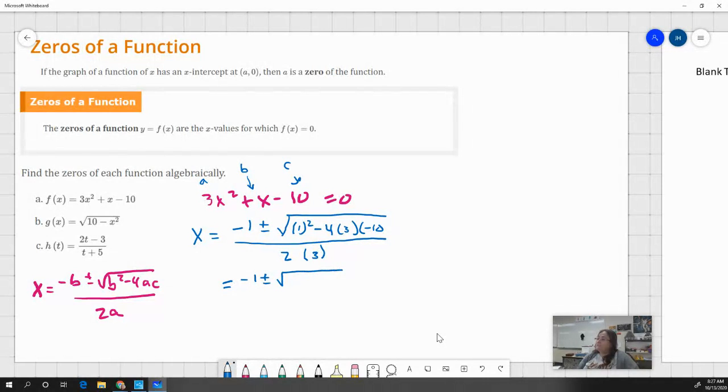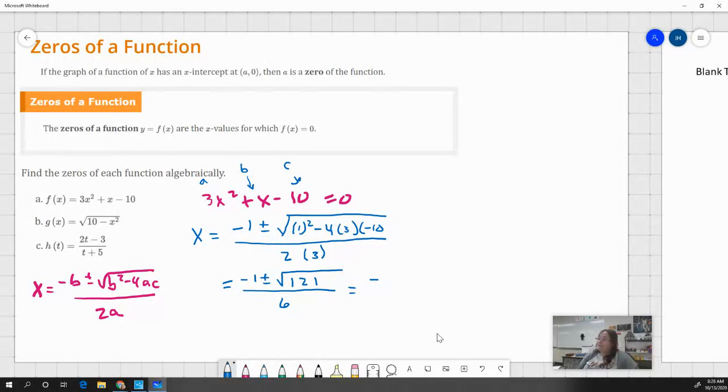Let's look at our insides here. 1 squared is 1. This is going to be 12 times 10 is 120. Negative times a negative is a positive. So we're saying 1 plus 120, which is 121, which is convenient because that's a perfect square, over 6.